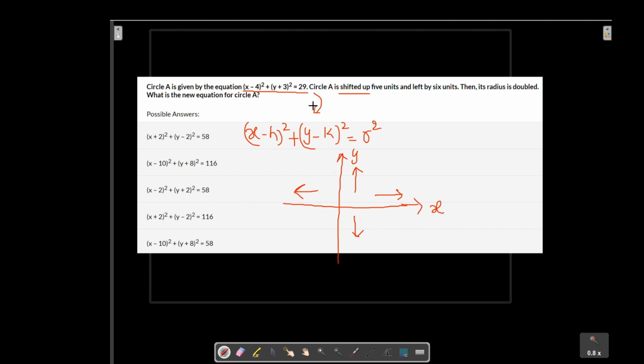Now compare the given equation with the original standard equation. By comparing this, x minus h is x minus 4. So we can write h comma k as 4 comma, here y plus 3 we can write it as y minus of minus 3, because we need to compare this equation with the standard equation.